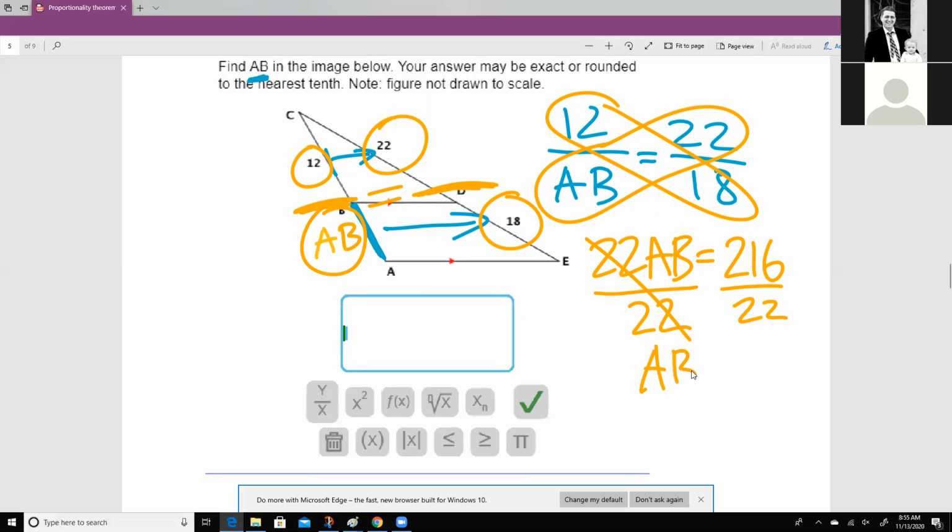And we have AB is equal to a kind of messy decimal, which is 9.818. Now we want to round this to the nearest tenth, which is the first digit after the decimal place. Will that 1 make the 8 round up or stay the same? It'll make it stay the same. So AB is equal to 9.8.